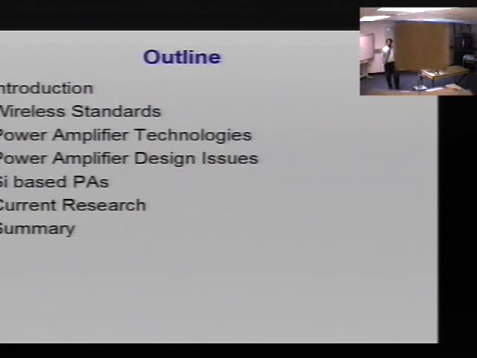Basically, I'll start off with a little bit of an introduction for categorization of power amplifiers, and talk a little bit about the wireless standards, predominantly the standards that we were focusing on at National. Talk about some of the device technologies, the detailed design issues, some of the results we've gotten for silicon-based power amplifiers, and then the current research that's going on now.